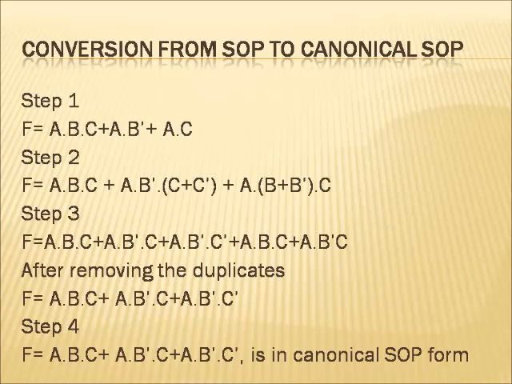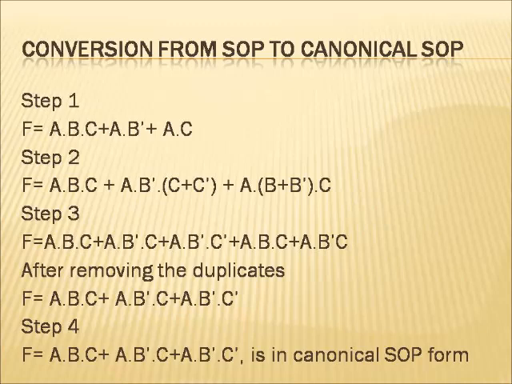Now see step 2. F = A.B.C + A.B'. We are performing AND operations with the missing variables. We know that in Boolean algebra C + C' = 1, right?